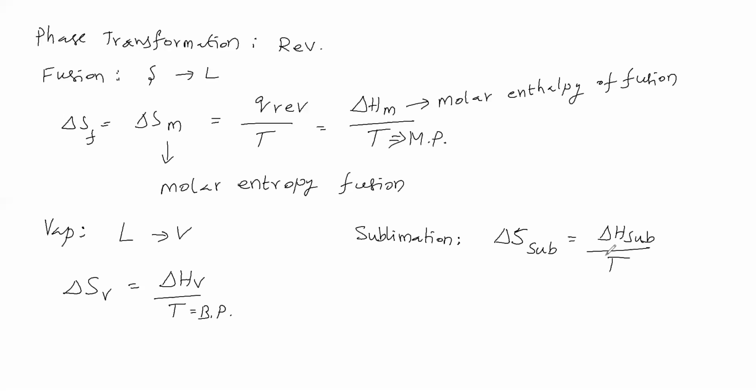Now, for what sake is this delta S introduced in the second law of thermodynamics? In order to overcome the limitation of the criterion of spontaneity by the first law of thermodynamics.